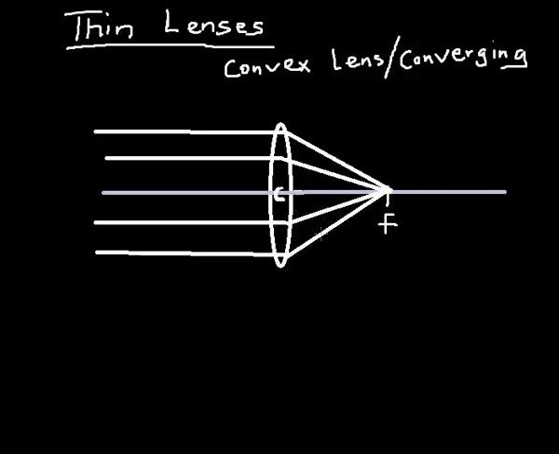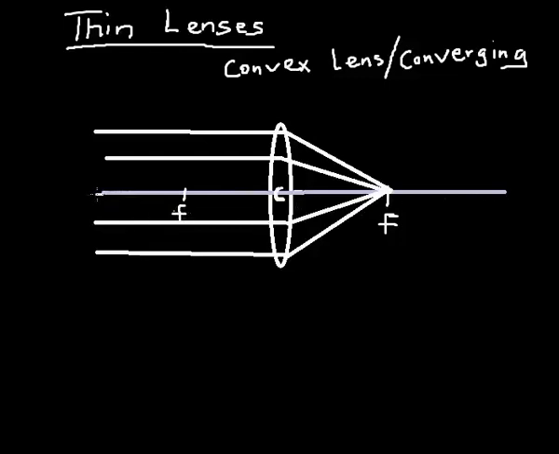But in the lens we don't have a reflecting surface; rather we have refracting surfaces, which is either side. Any side that the ray of light passes through the lens, it will refract, change direction and come out from the other side. So if I have the principal focus at this side, I will also have a principal focus at this side. Both sides of the lens have a principal focus.